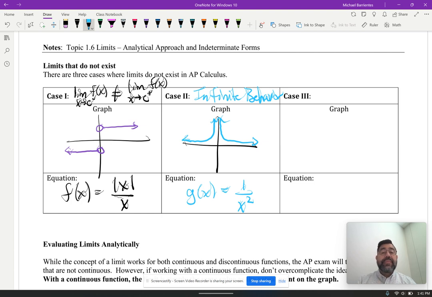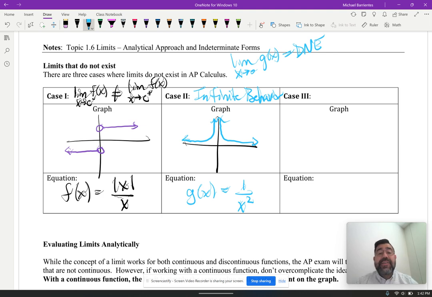We had a discussion in certain groups about this: the AP exam on a free response question will allow you to say that the limit of this function g of x as x approaches 0 is positive infinity, but with the understanding that there isn't a limit because there isn't a specific finite y value that the graph is approaching. So some people, me, would write it like this because the limit doesn't exist. Why doesn't it exist? Because there's infinite behavior.